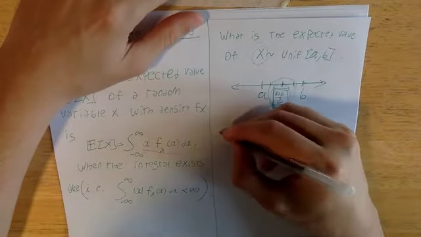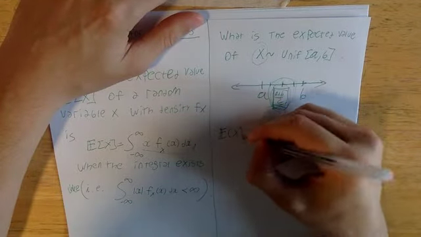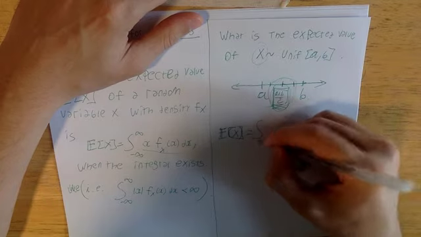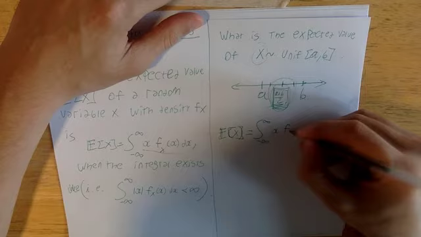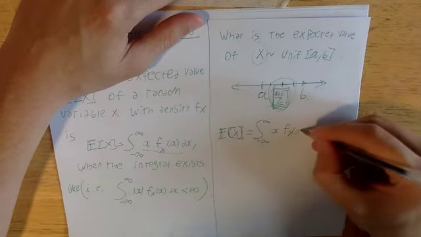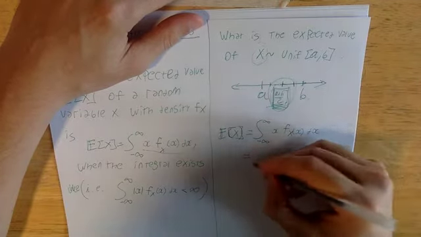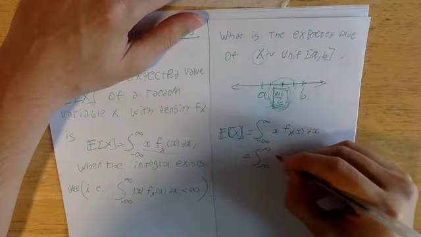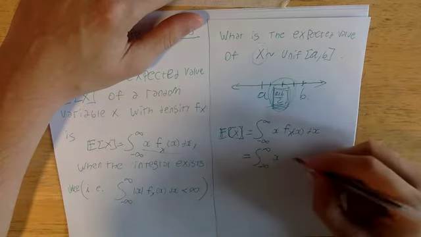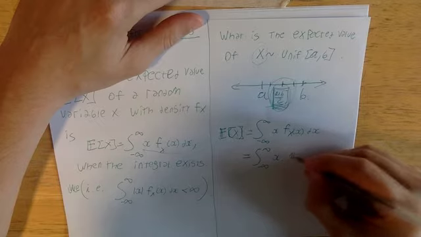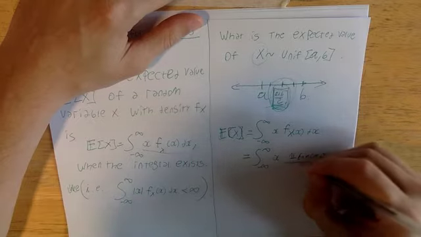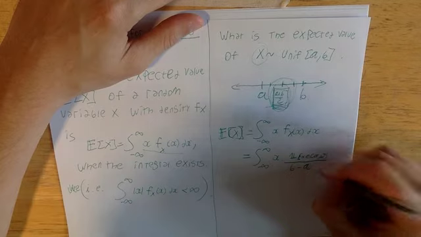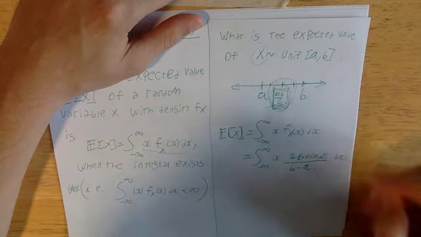Okay, so let's take the expectation of X. This is the integral from minus infinity to infinity of little x times the density function, which in this case is the integral from minus infinity to infinity of x times the indicator of x in (a, b), over b minus a, dx.